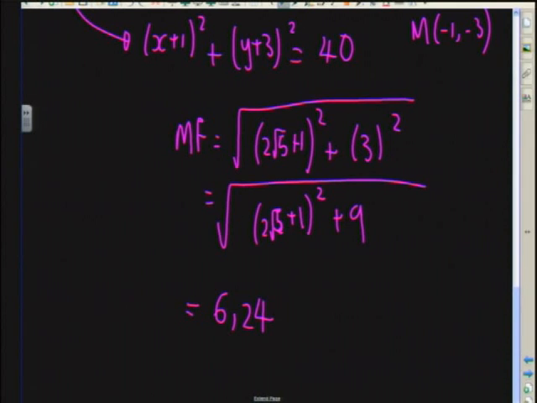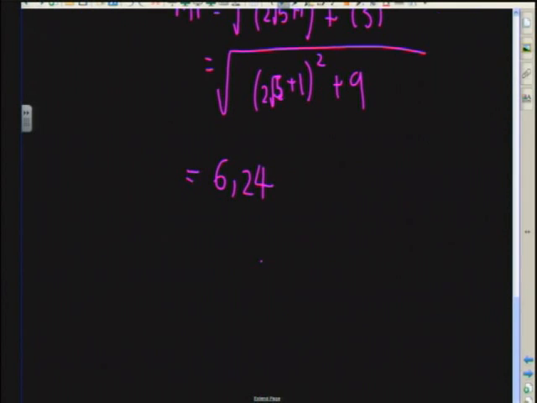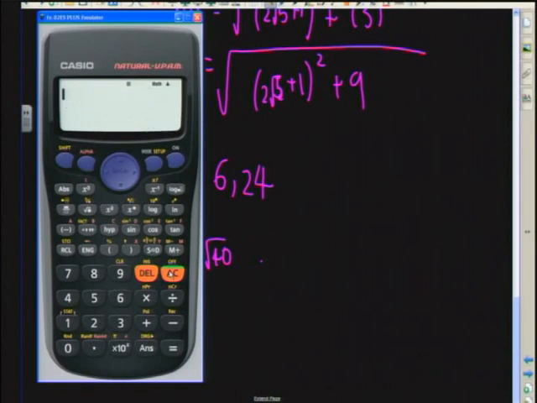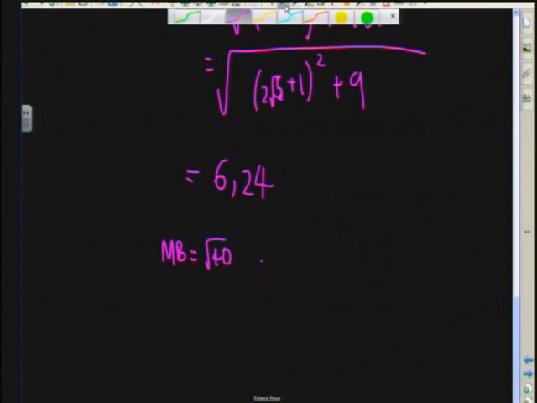So MF is 6.24. Now remember, we've worked out that the radius was the square root of 40. So all we have to do is go back to the calculator and ask what the square root of 40 is in decimal terms, and we get 6.32.